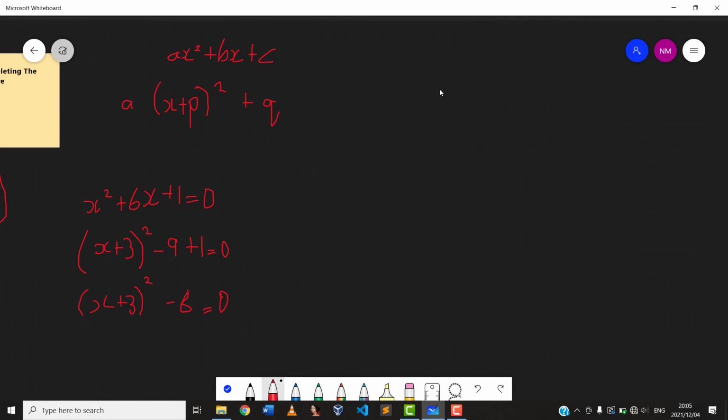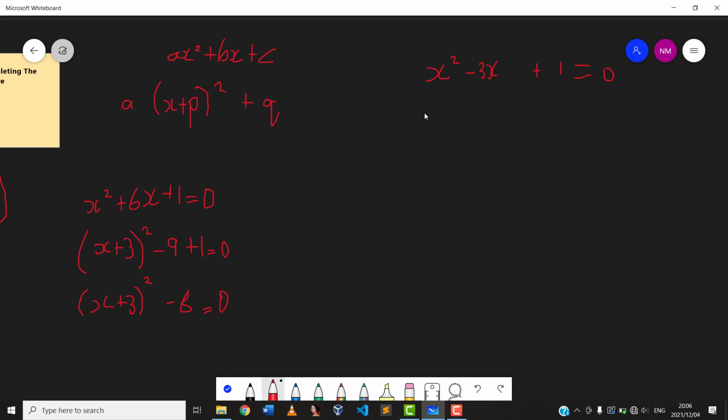Let's do x squared minus 3x plus 1 equals 0. So we do the same thing over here. We took half of the coefficient here and put it in this square bracket.